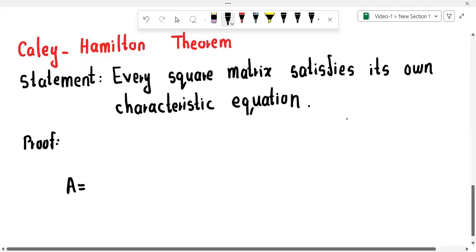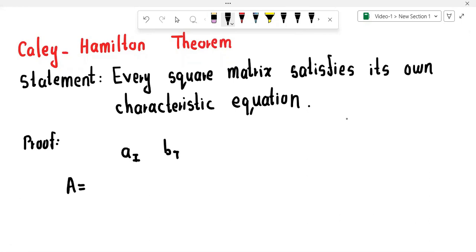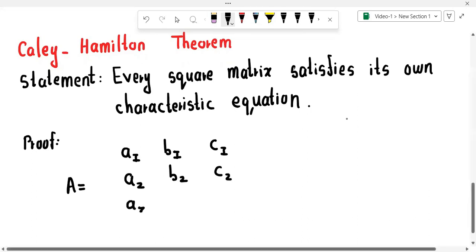Define square matrix A as A1, B1, C1, A2, B2, C2, A3, B3, C3.